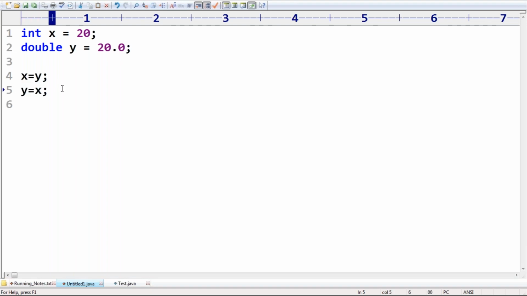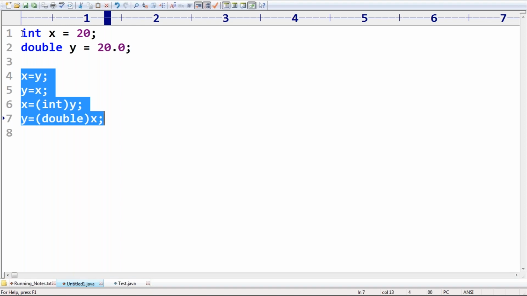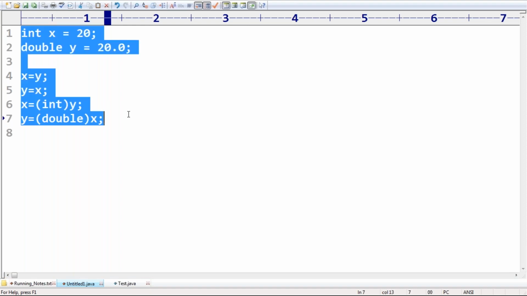Okay. Now I will ask: x is equal to int of y, I'm taking, and y is equal to double of x, I'm taking. Among these, can you please tell which are valid and which are invalid?